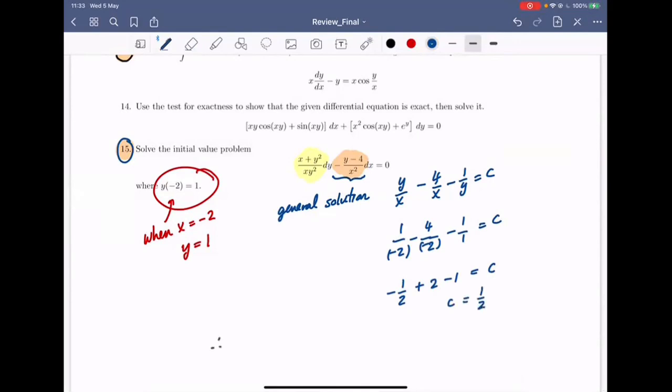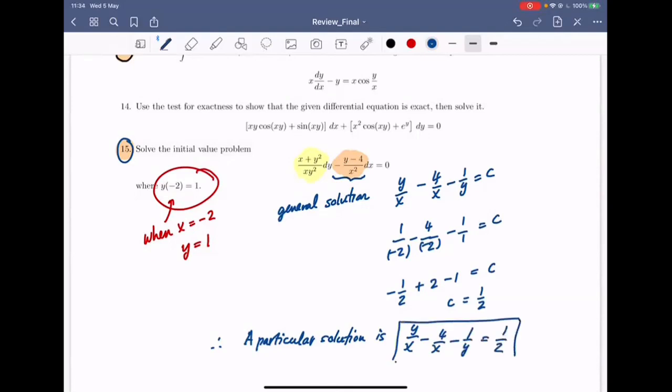That means the solution that you want, a particular or specific solution, is y over x minus 4 over x minus 1 over y equals 1/2. You can solve for C if you have the initial condition here. Make sense?